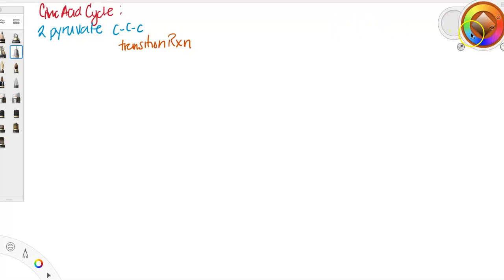And in the transition reaction, we're going to get rid of one of these carbons. So we're going to cleave off a carbon, so oxidize. And when that happens, we get an NADH.